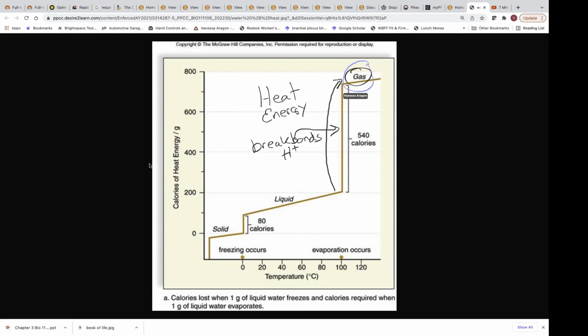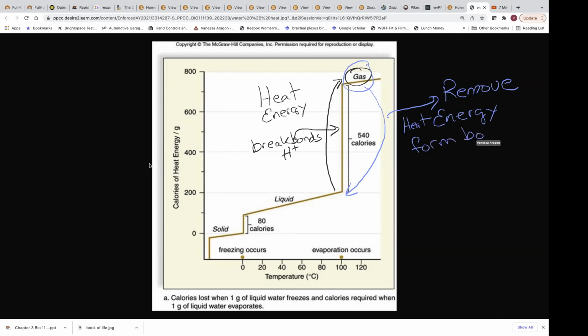And so to get gas to change to liquid, you need to remove energy, specifically heat energy. When you remove that heat energy, that will form bonds. That's how you get gas turning into liquid through condensation.